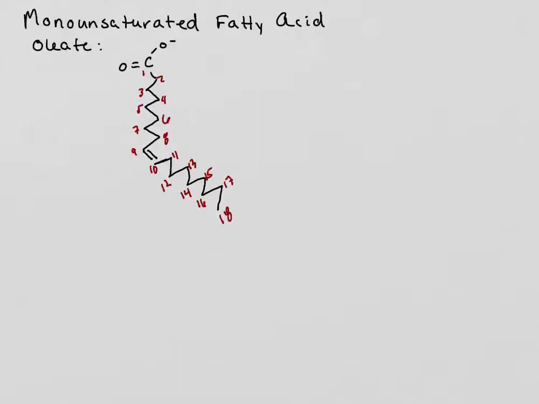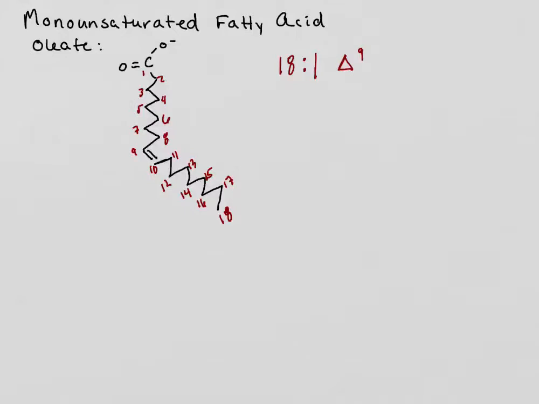So this is an 18 carbon long fatty acid with a double bond between carbons 9 and 10. We have a shorthand notation that we use for that. We say that this is an 18 carbon long fatty acid with one double bond, so 18:1, and then we say delta 9 because the double bond occurs between carbons 9 and 10. You notice that a kink is definitely built into oleate.